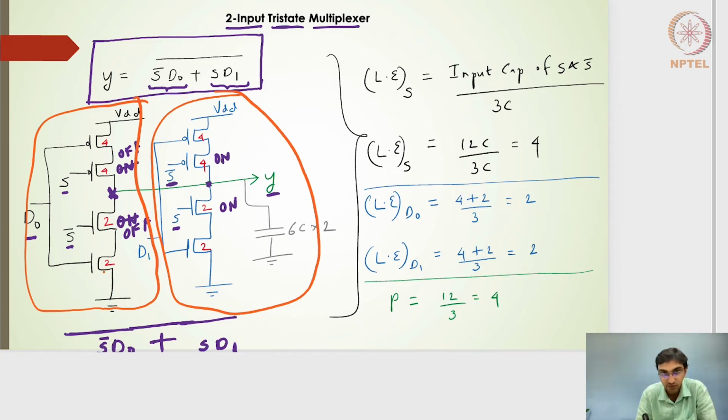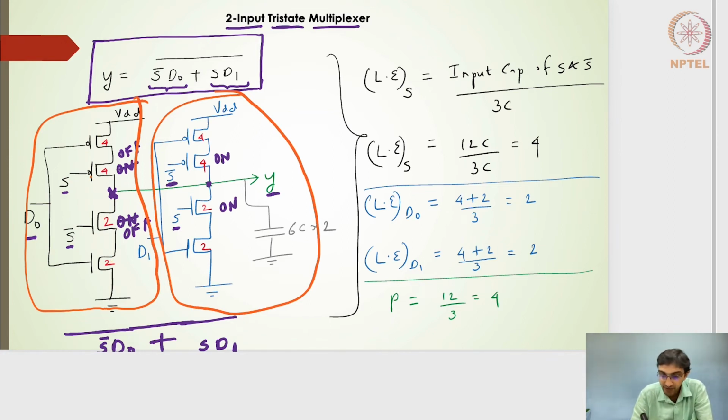So I will have a size of 2 and 2, giving the falling resistance as R, that of the 2:1 inverter. Similarly, for these two, I will have 4 and 4 so that when this path is on, I will get the rising resistance as R. With 4 and 4 giving a rising resistance of R, and 2 and 2 giving a falling resistance of R, I'll get the same output current as that of the 2:1 inverter.